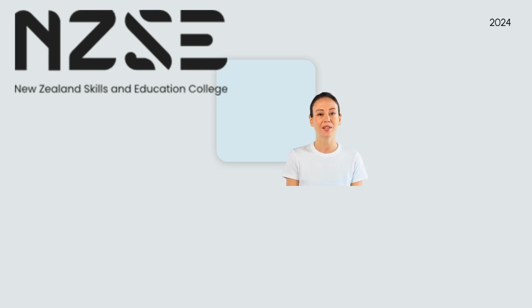Self-assessment. Assessment conducted by the learner on their own performance. Skills. Practical abilities required to perform tasks effectively. Special assessment conditions, SAC. Accommodations provided to candidates with medical or learning disabilities to ensure fair assessment. Unit standard.